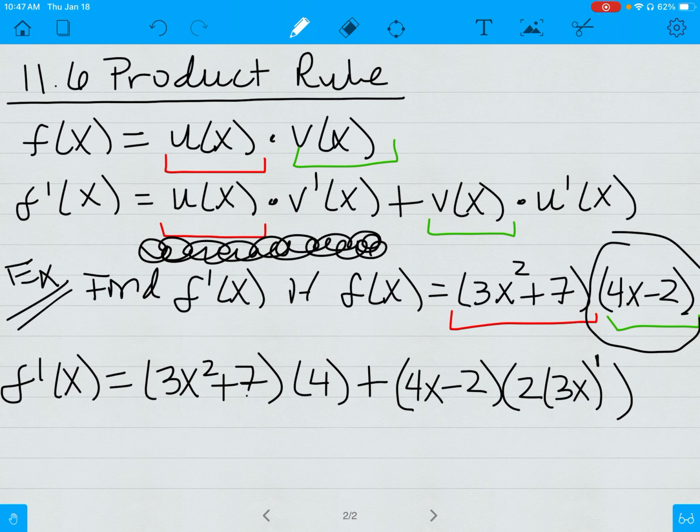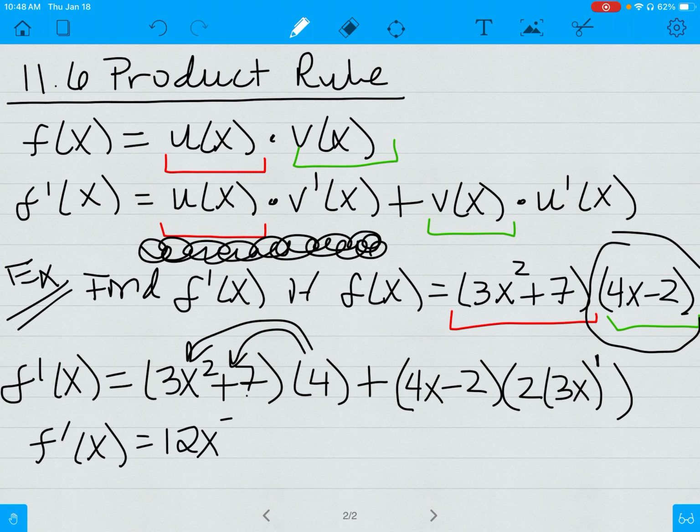Okay, so here is the initial setup of what the product rule looks like. From this point, you're just using basic algebra to clean up the way the function looks. So f prime of x is equal to, I can distribute the 4 inside both of the parentheses.